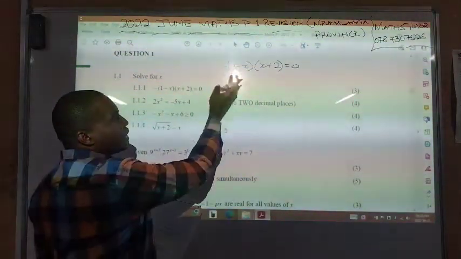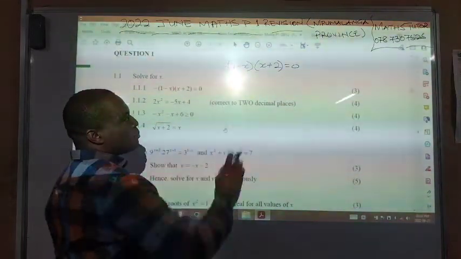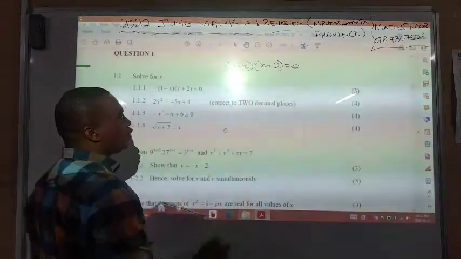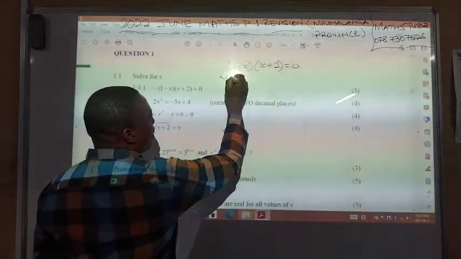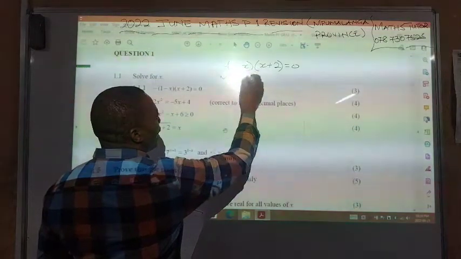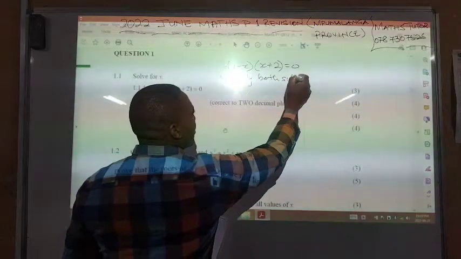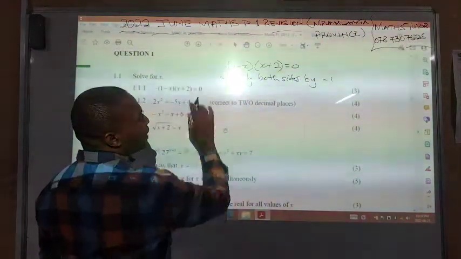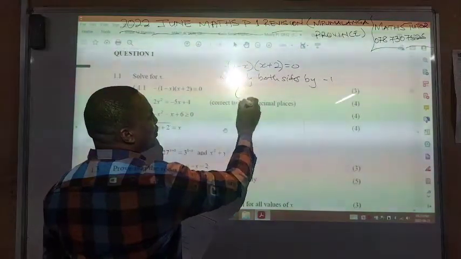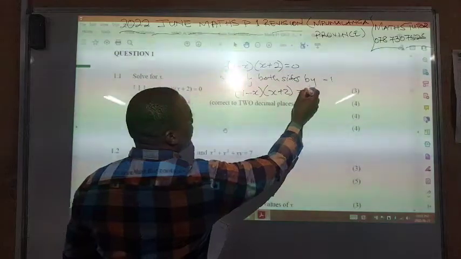Alright, the very easy way to get rid of that negative is to multiply both sides by negative 1. So multiplying this side by negative 1, you remain with 1 minus x into x plus 2 is equal to 0.